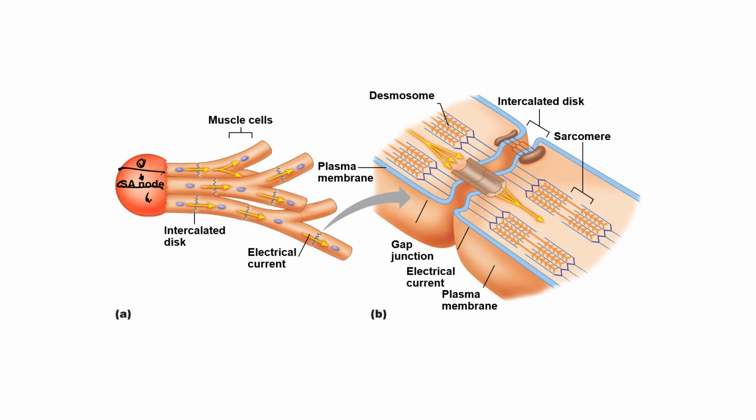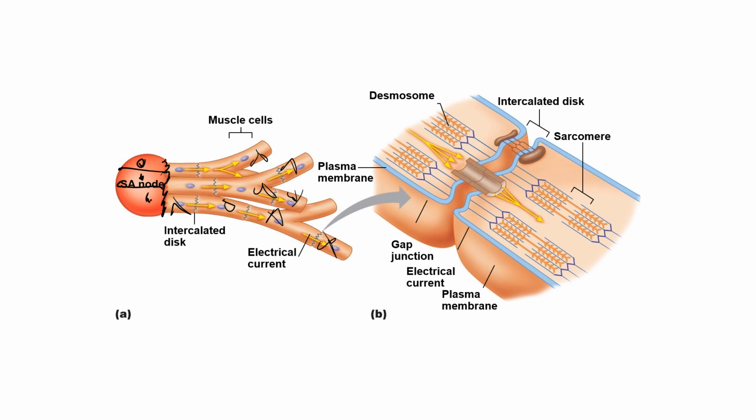The SA node is located in the upper right atrium of the heart. And what's lying next to the SA node are what we would call the true contractile fibers of the right atrium. All of these are what are called contractile fibers of the right atrium.